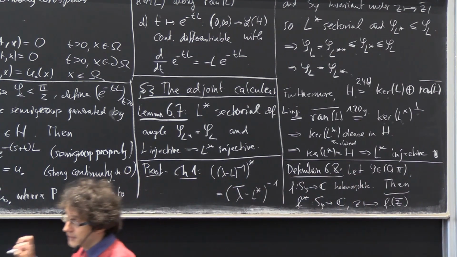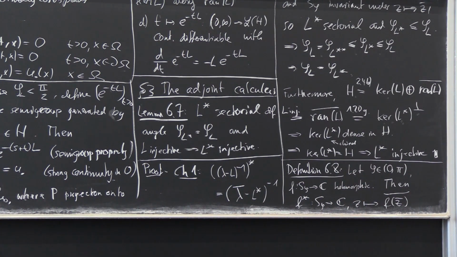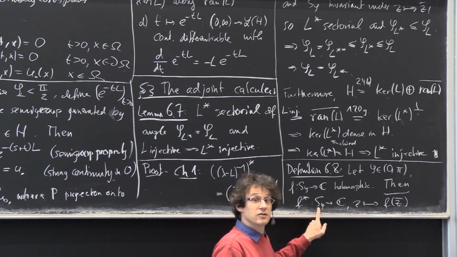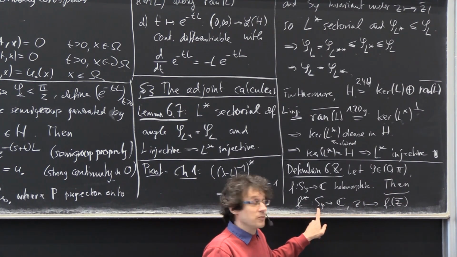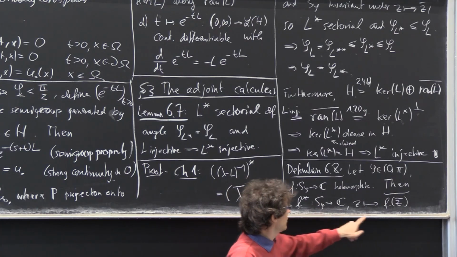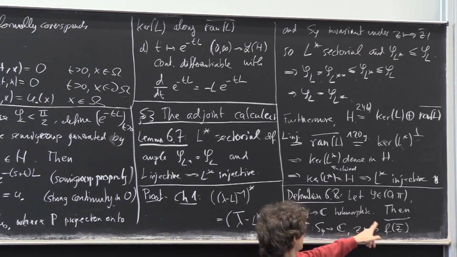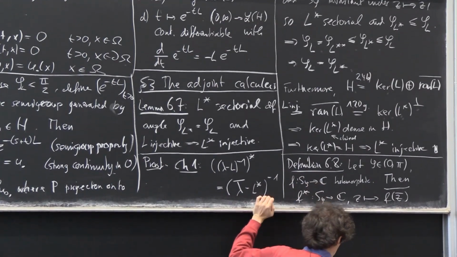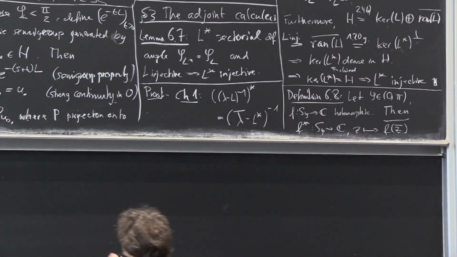So you plug in z bar, and the result is conjugated again. Note this works because the sector is invariant under complex conjugation. If z is in S phi, z bar is in S phi, so I can put it into f. This is called the holomorphic conjugate of f.